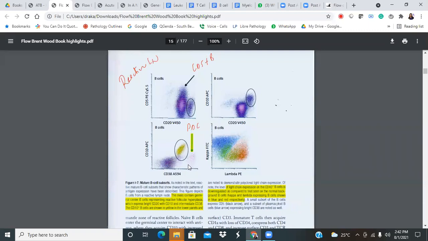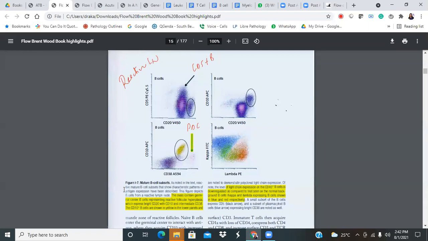And then they are also saying that the plasmacytoid cells will have some CD38. Also, basophils have some CD38, so that's something to remember. And the CD20 positive B cells can have some CD5 expression. That's what they are saying in the later stages. Let's see what they are reading.